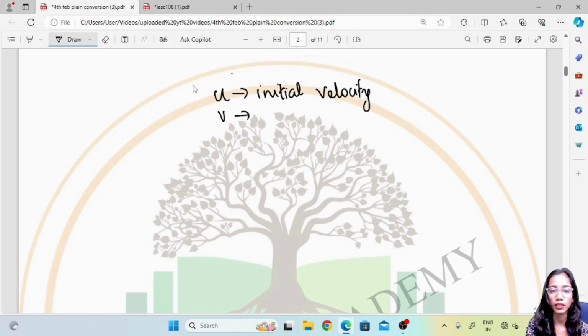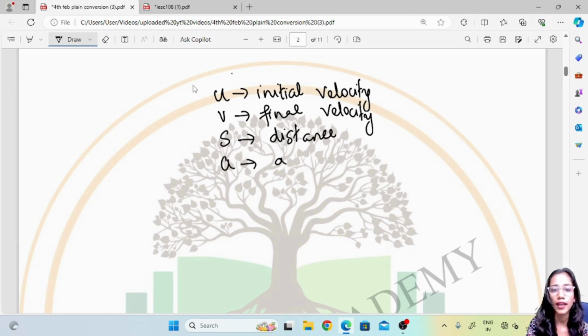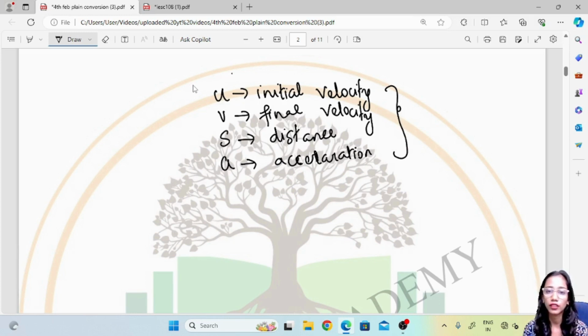Then v, that is final velocity, then s is the distance, and a will be the acceleration.